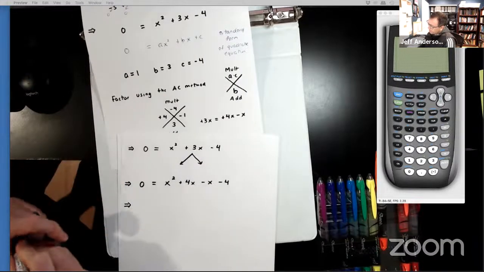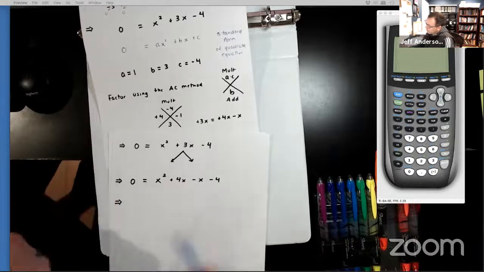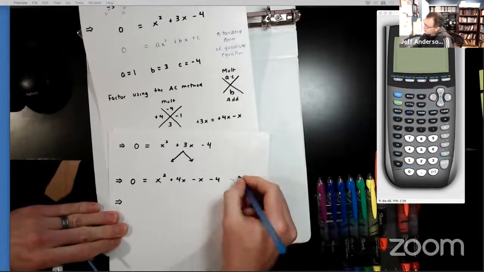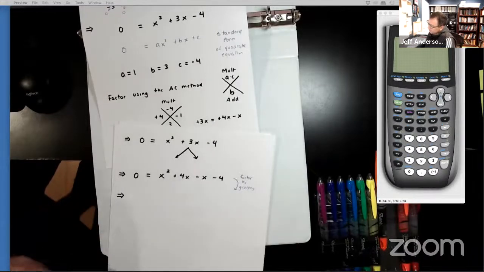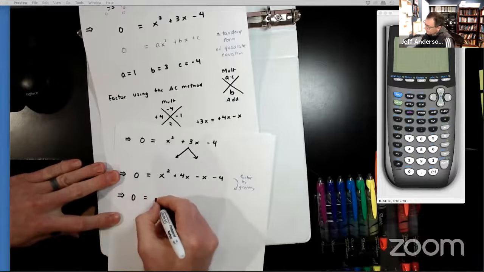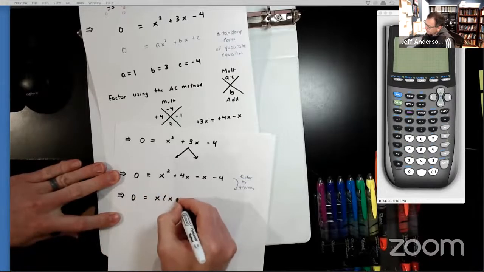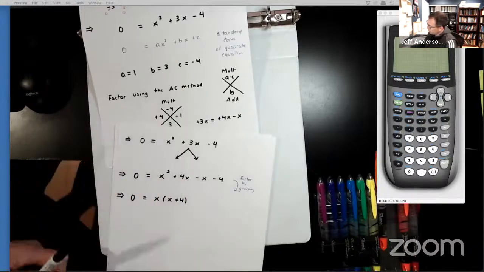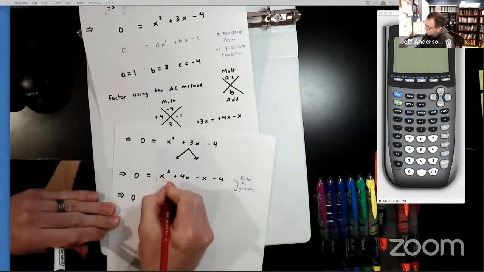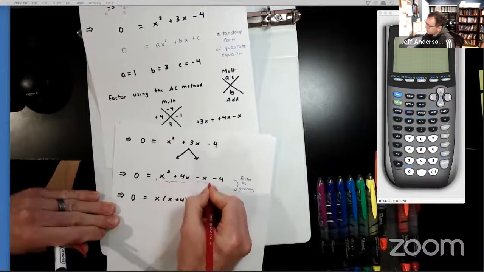And then what's really nice about that is we're going to do something called factor by grouping. So here we're going to say that this is x outside of x plus 4. The first two terms we group together, and then we group the second two terms together.